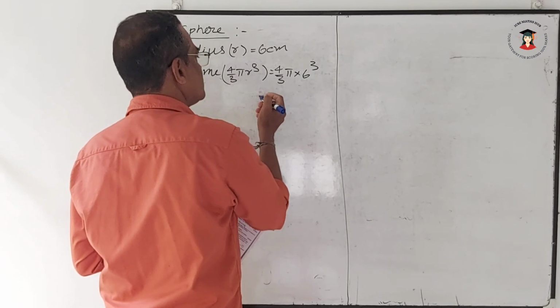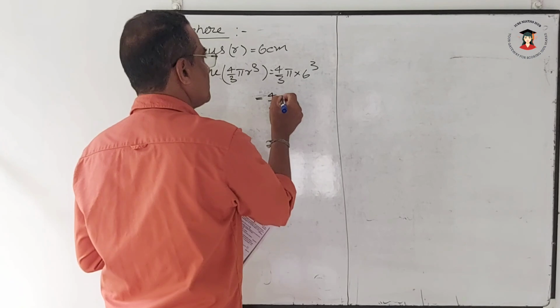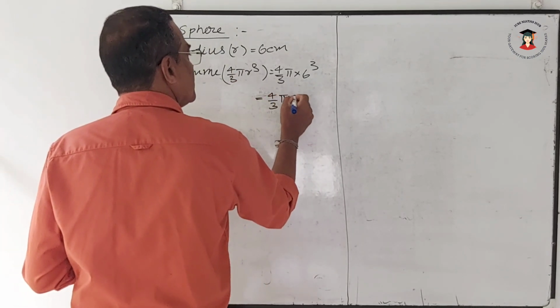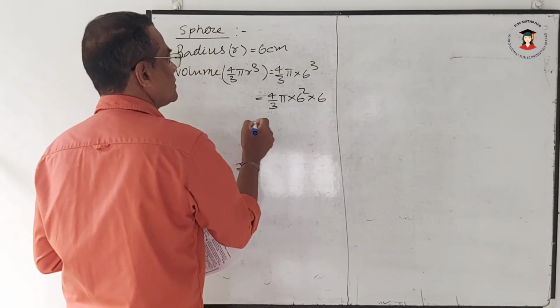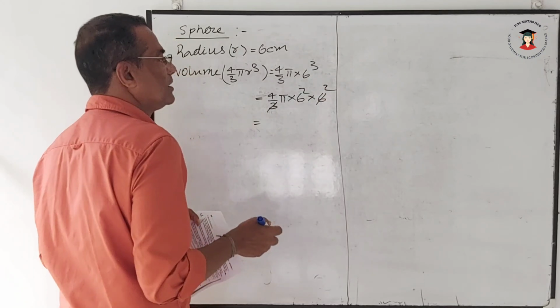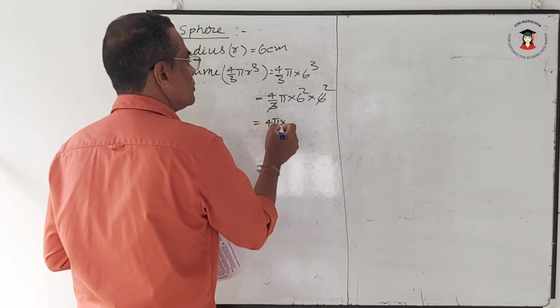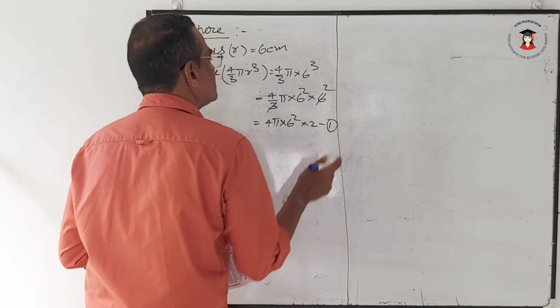This is equal to 4 by 3 pi into 6 square into 6. 3 and 6 will go, that will give you 2. So 4 pi into 6 square into 2. This is equation number 1.